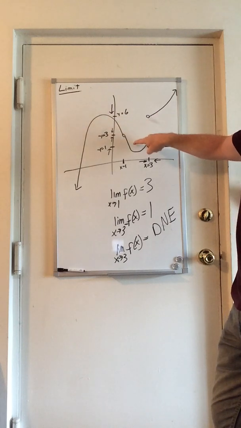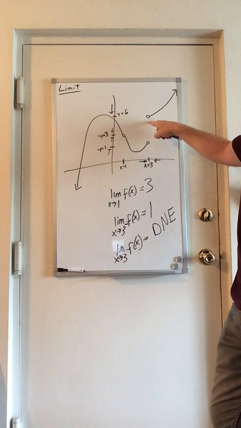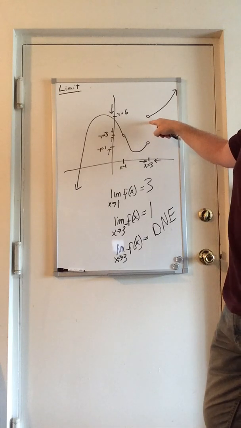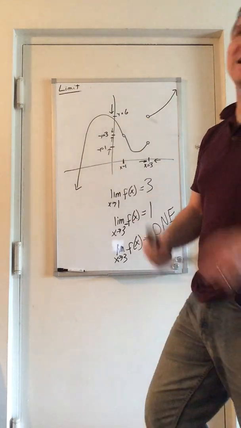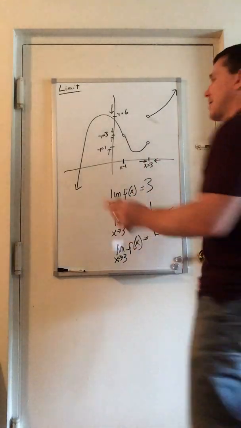I care about the behavior of the function around that point. That dictates what my limit is. Not what the value of the function is, but what the function approaches. And again, it's an incredibly subtle but monumentally important concept in math.